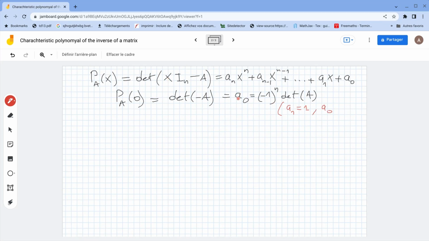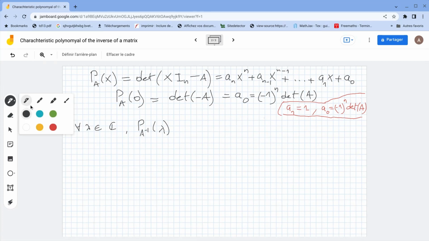And a_0 is this: minus 1 to the power n times the determinant of A. For all lambda in C, the complex numbers, the characteristic polynomial of A inverse evaluated at lambda is equal to the determinant of lambda I_n minus A inverse.